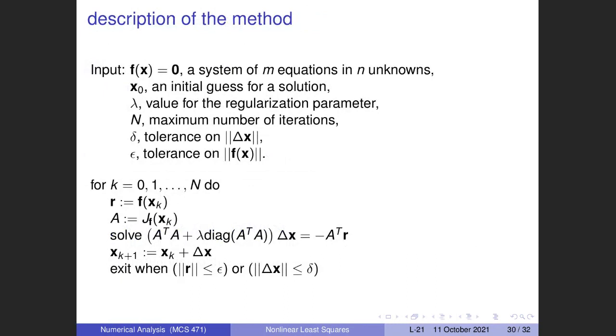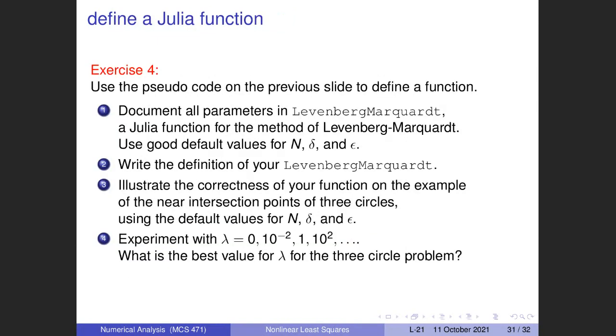So I'm at the end of the lecture. I'm ending with the method of Levenberg-Marquardt, which is an iterative method where the main similarity is again that we apply the backslash operator to what I just underlined. Here is one exercise.